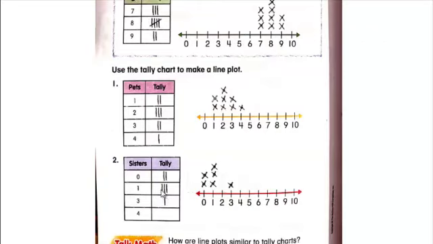there are 1, 2, 3 tally marks. So here on this line, in front of 1, draw 3 tally marks as 3 plots. 1, 2, 3. So here in front of 1, there are 3 plots.